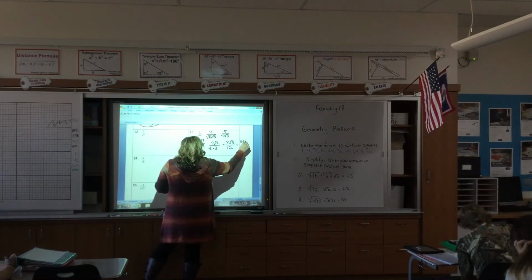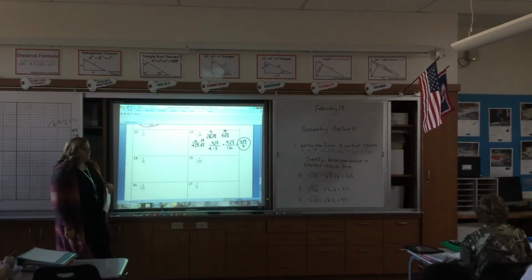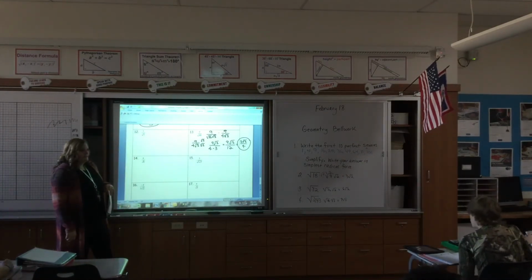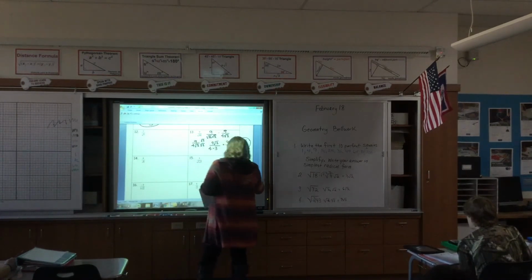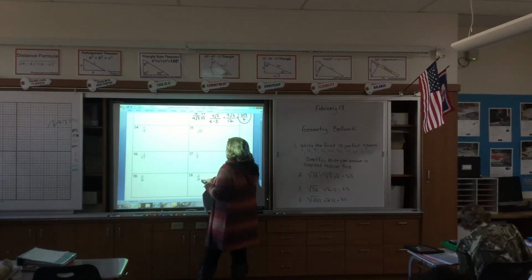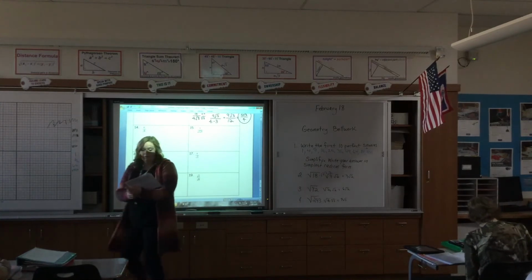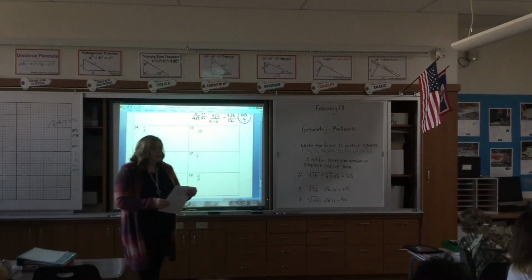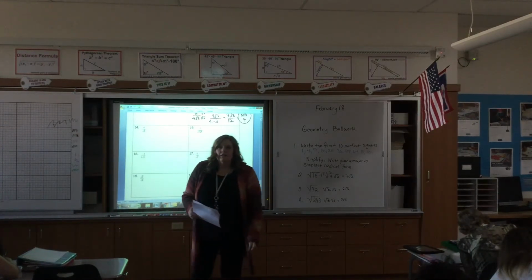So I get 9 square roots of 3 over 4 times what? 3. Okay, so that's equal to 9 square roots of 3 over 12. I still need to keep going, don't I? That's equal to 3 square roots of 3 over 4. And there's your answer.